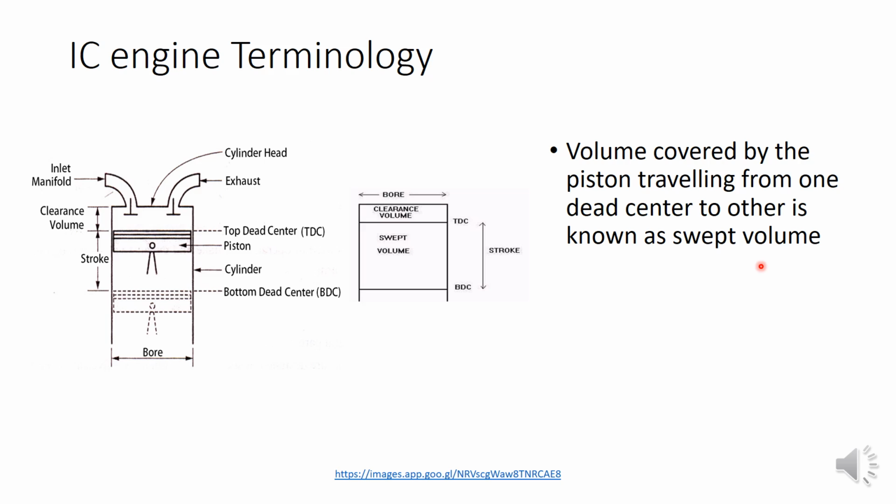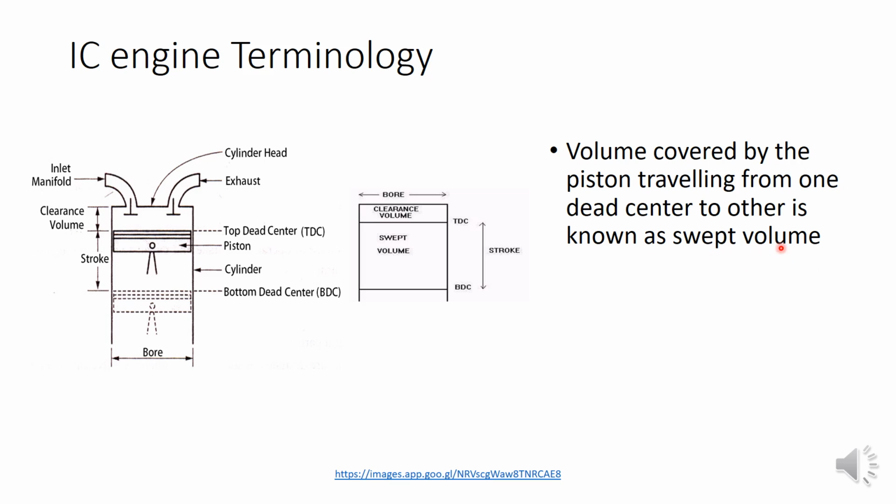Similarly, Pulsar 250 and Pulsar 150. Does this number have any importance to the power and mileage of the vehicle? Yes, it is very much influential. That number is the swept volume in cubic centimeters. So that is the importance of swept volume.